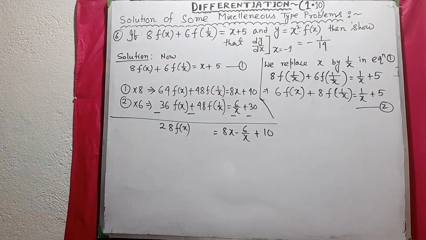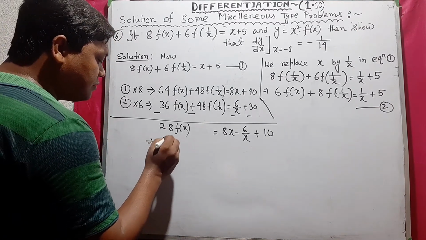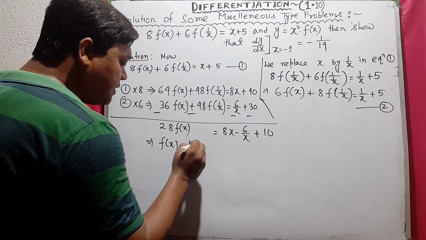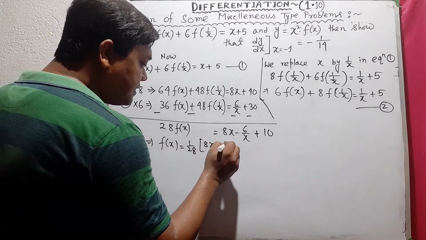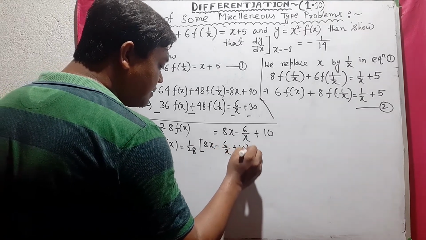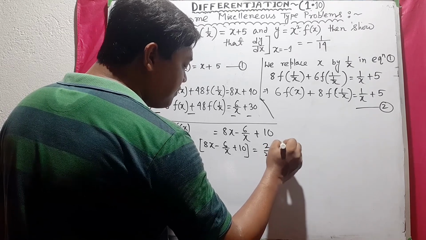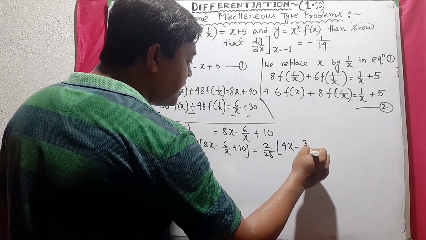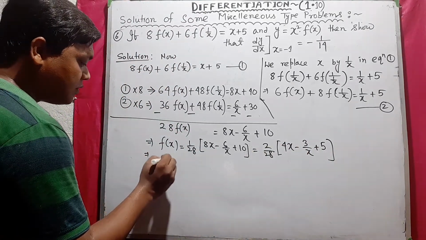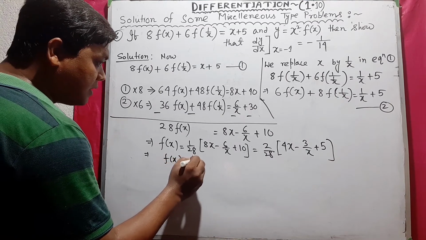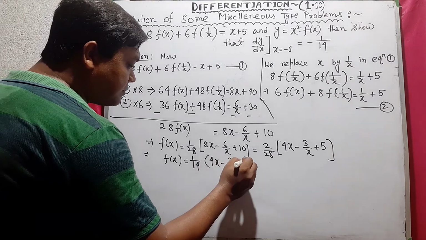Alright, 28f(x) equals to, so f(x) equals to 1 by 28, 8x minus 6 by x plus 10. So 2 by 28, 4x minus 3 by x plus 5. Clearly you see that. So f(x) equals to 1 by 14 into 4x minus 3 by x plus 5.